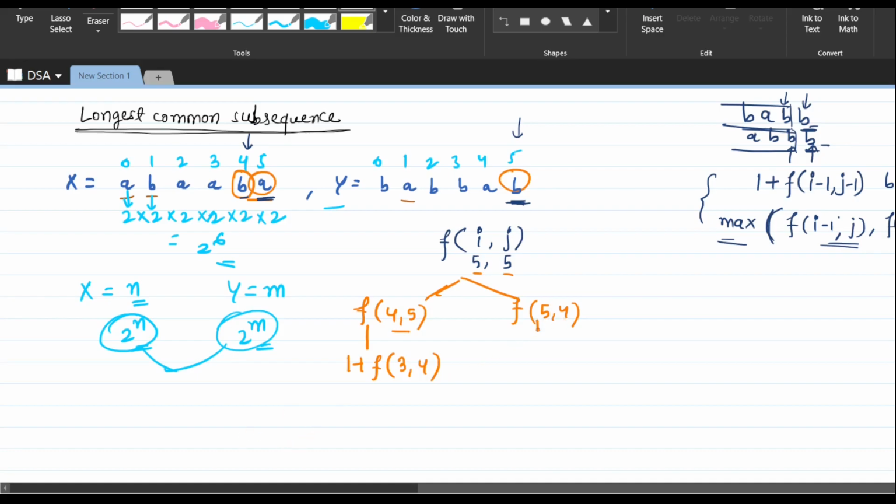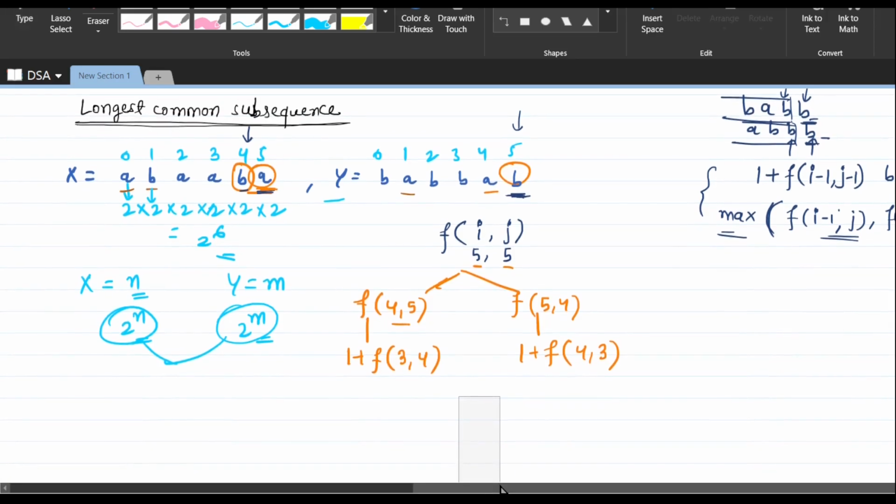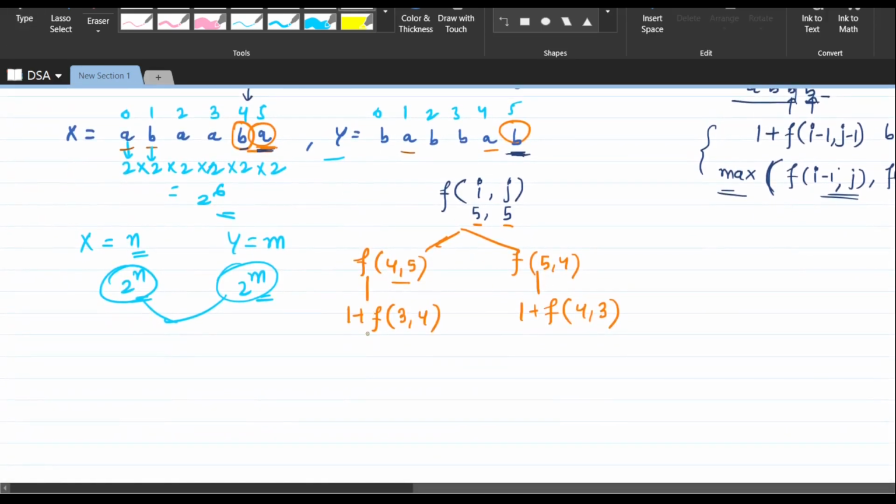Okay, and similarly here we will check whether the letter at 5 and 4 is matched or not. So at 5 we have a, and at 4 we have a, so it is matched. So it will be 1 plus, we will decrement both the pointers, so it will be 4 and 3. Then we will check here whether the letter at 3 and 4 is equal or not.